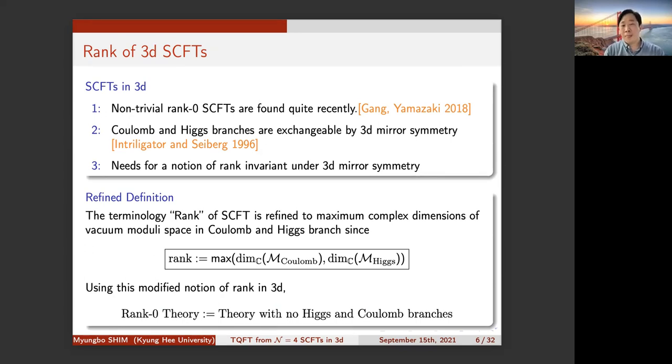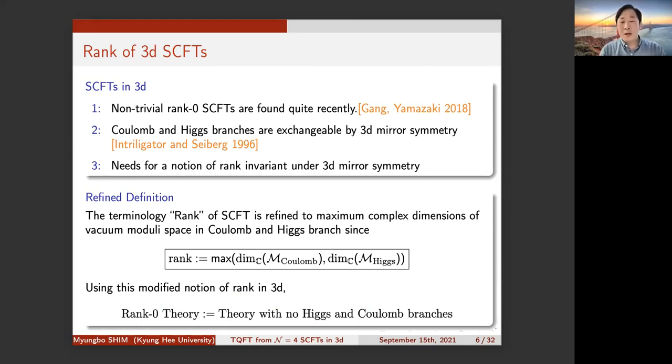So in the previous slide, we considered rank as an invariant of superconformal field theory. And here, the Coulomb branch and Higgs branch are exchangeable by 3D mirror symmetry. So we need to modify the notion of rank to be invariant under the 3D mirror symmetry.